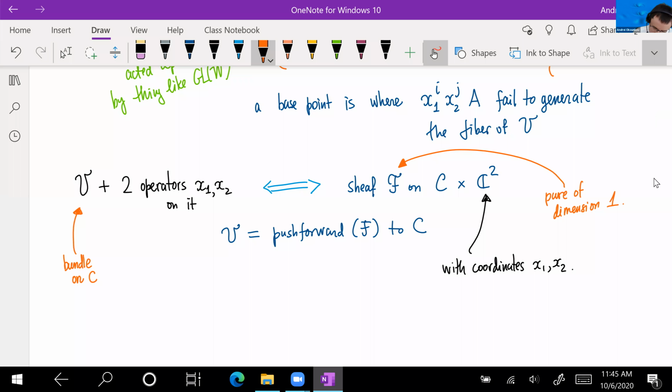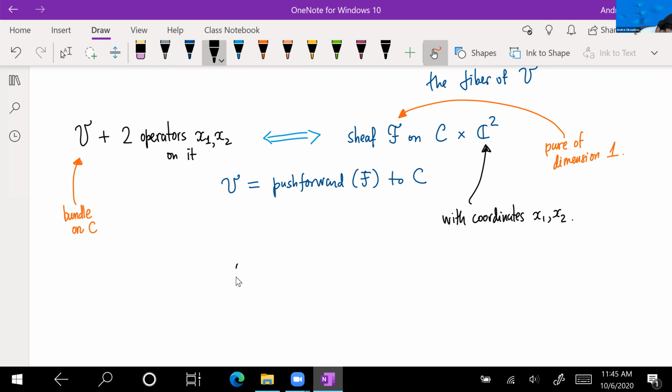And so what do we get? We get a map from O of this threefold. What are the functions on this guy?